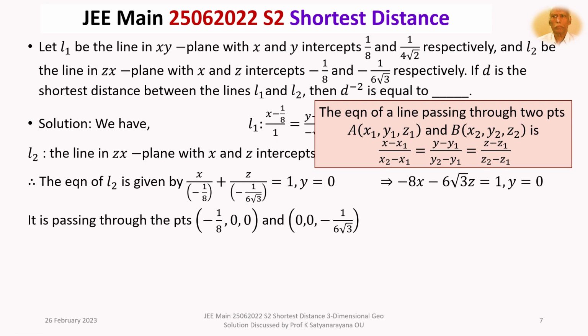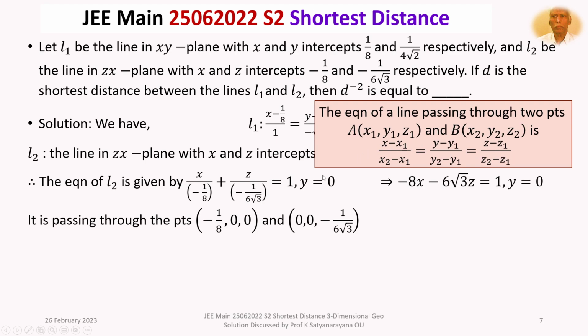And we recall this result: the equation of the line passing through two given points A and B with coordinates (x1, y1, z1) and (x2, y2, z2). The equation of such a line is this one.